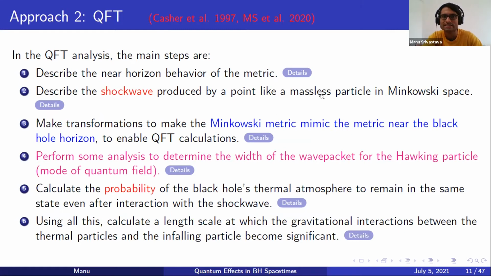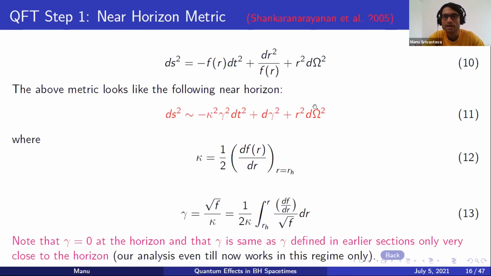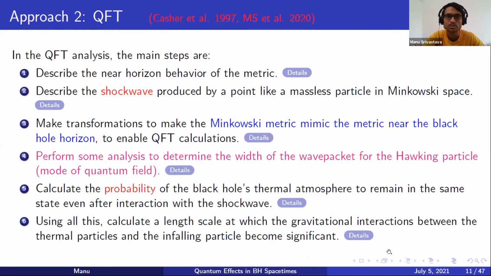So why is this analysis in Minkowski space important? That is where step 3 comes in. What step 3 tells us is that in literature, it has been shown that a Minkowski metric can mimic the metric of a spherically symmetric black hole near the horizon. The near horizon metric, which I showed here, is mimicked by a Minkowski spacetime using certain change of coordinates.